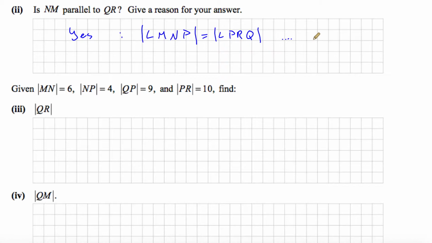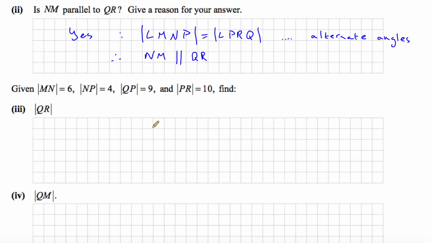I'm just going to write here as well that they're alternate angles. Therefore, NM is parallel, this is the sign for parallel, to QR.